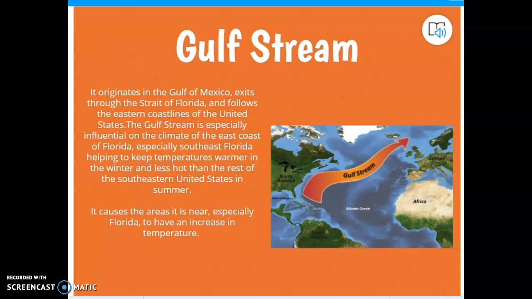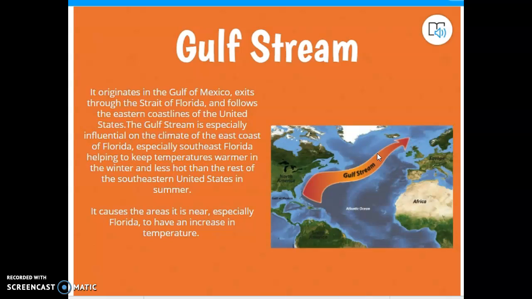Now, this Gulf Stream moves up around Florida, up past the coast of North Carolina, along the East Coast, and then it starts to move out and towards Europe. It's very important to understand that this is a very, very warm current of water.